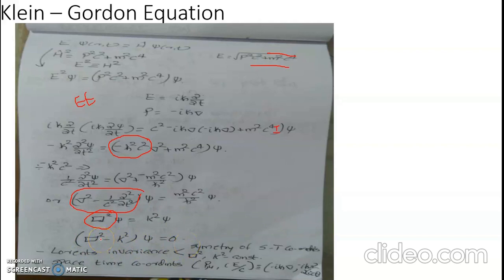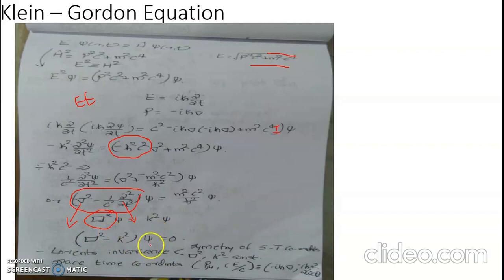Now you look at this equation. This equation is second order in the space coordinate, del square, and it is second order in the time coordinate, dou t square, as well. So this has a symmetrical footing. And once again, D'Alembertian is an operator that satisfies Lorentz covariance. K square is also a constant that always satisfies Lorentz covariance.